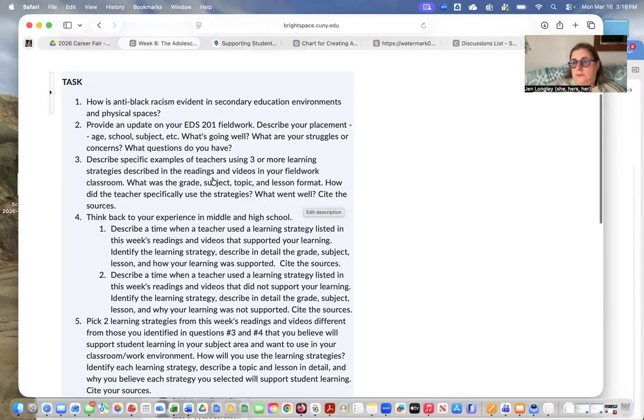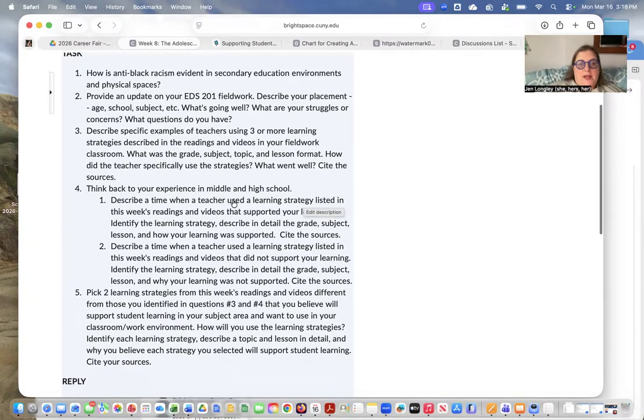What went well? Cite the sources. Then I want you to think back to your middle and high school experience. Describe times when a teacher used a learning strategy or an instructional strategy that went well and supported your learning. Talk about that in detail. What was the strategy?